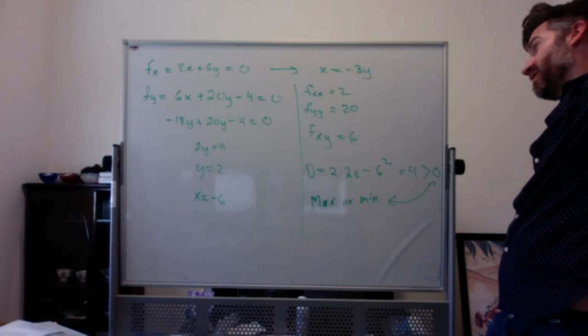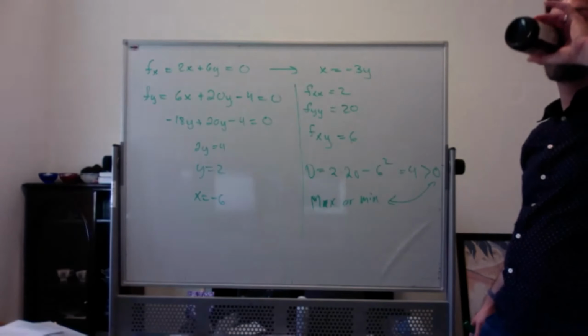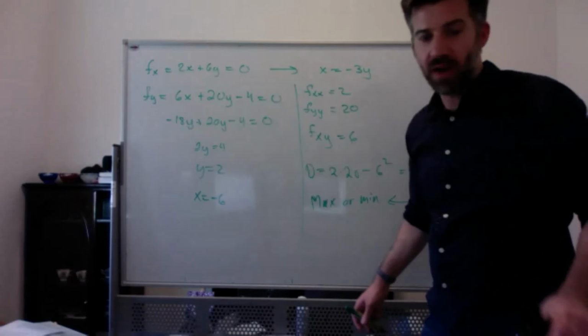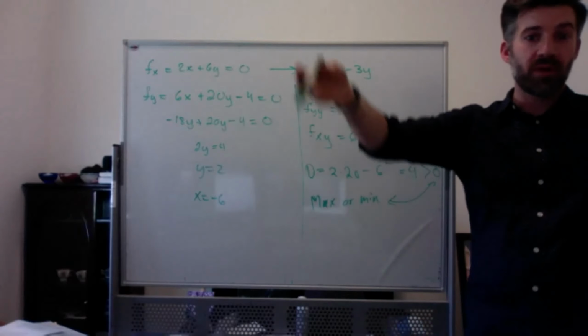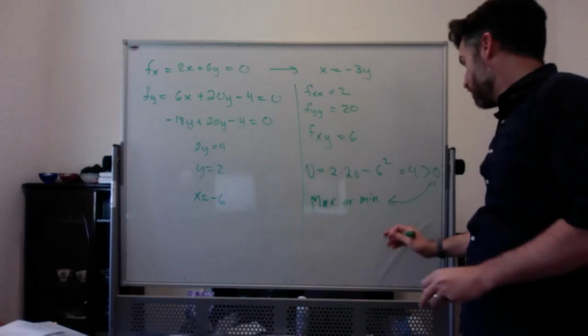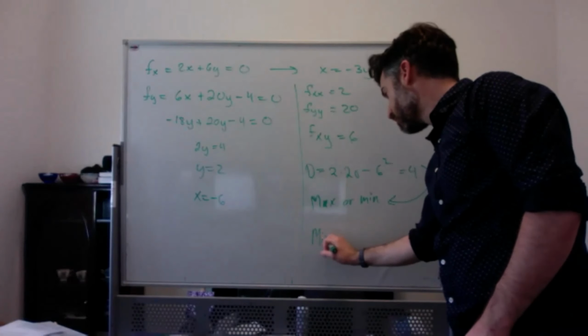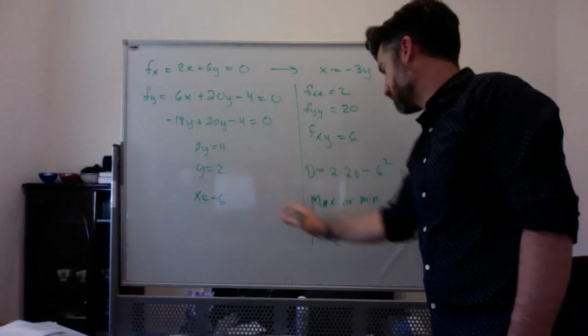I know nobody wants to talk. All right, since the second derivative is positive, that means it's opening upward. It's concave up, so that means we have a minimum. So we have a min at that point, negative 6, 2.